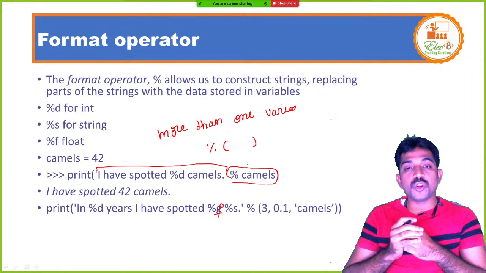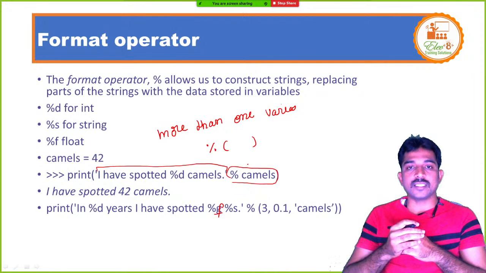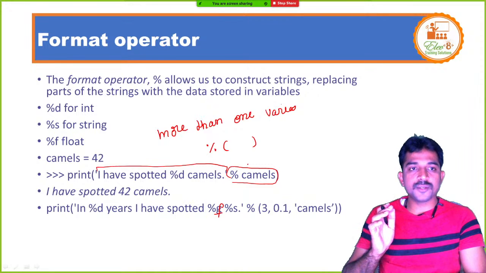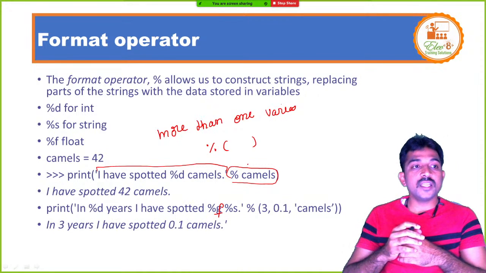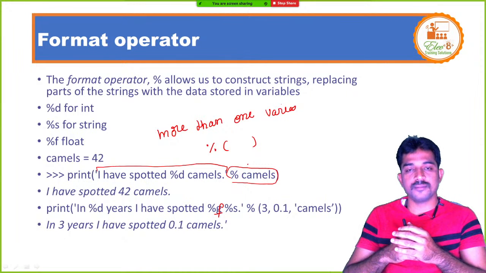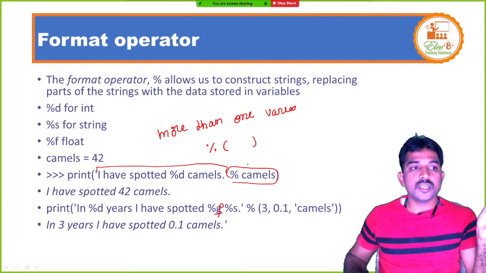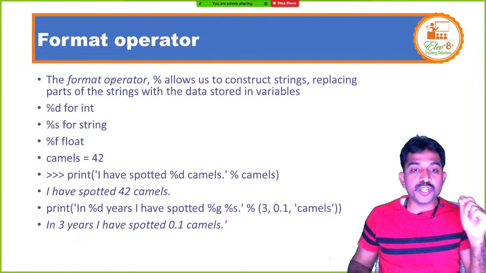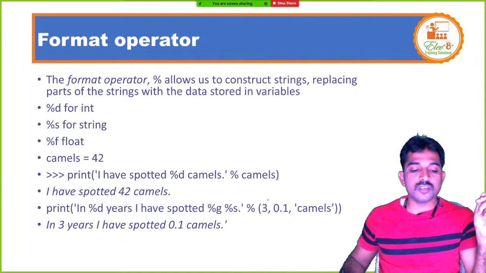So like that you are going to handle the percentage and format specifiers. Next: in 3 years, I have spotted 3.1 camels. You should use the same order. Whatever the order of the variables, first integer, then float, then string, the format specifiers should appear in the same order.